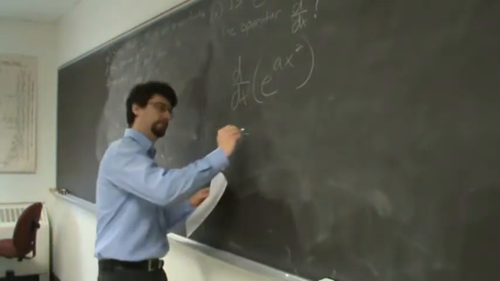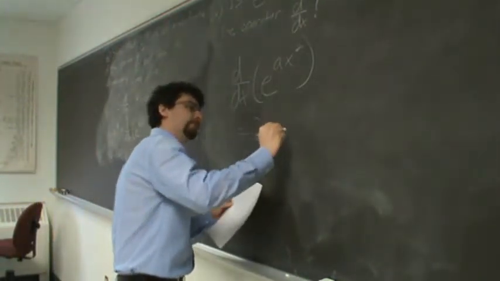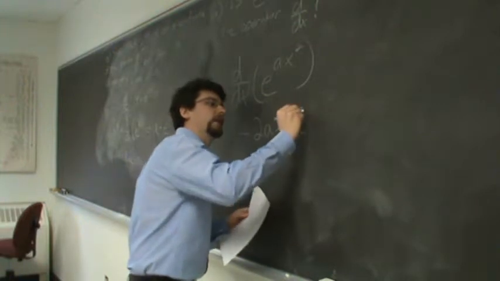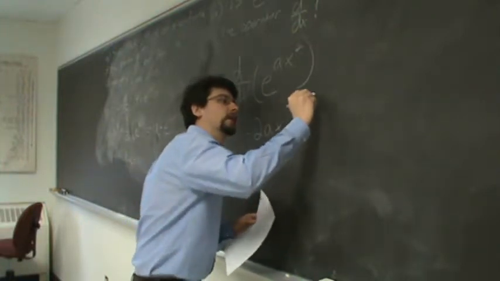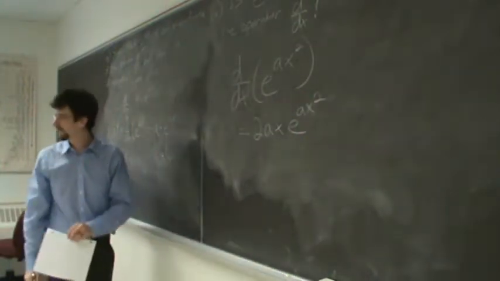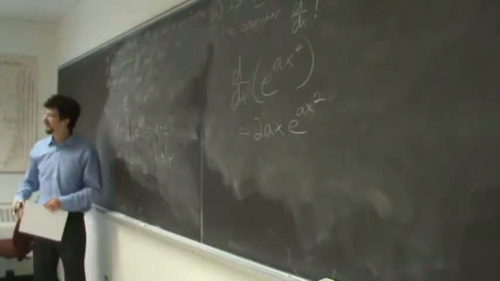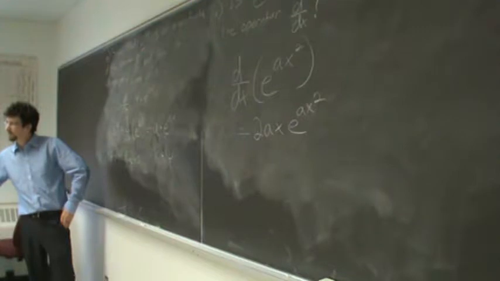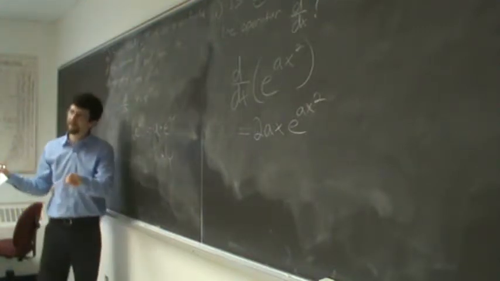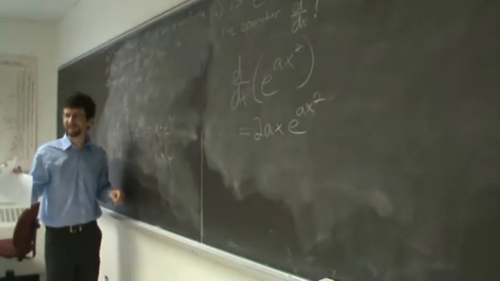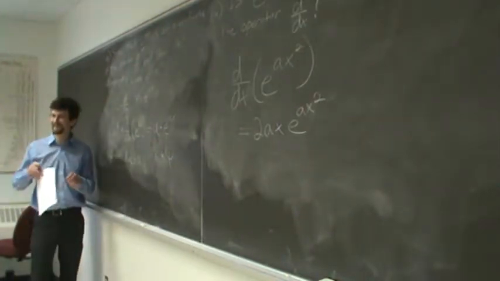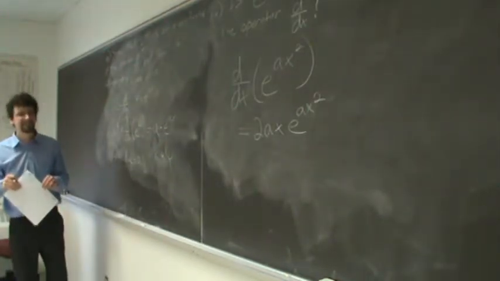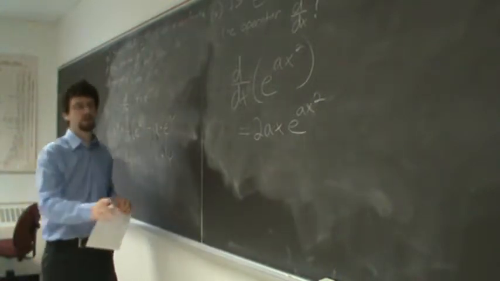Yep. 2ax and then e to the ax squared. Okay. Is this an eigenfunction then? I see two people shaking their heads, no? Alex, you're shaking your head, no? Why no? Yeah, because there's a variable in here, right?